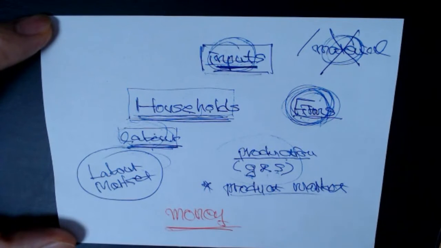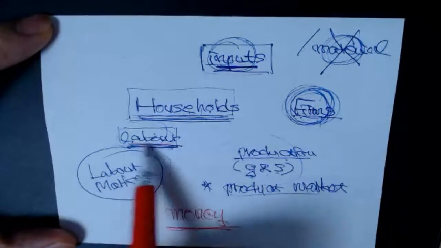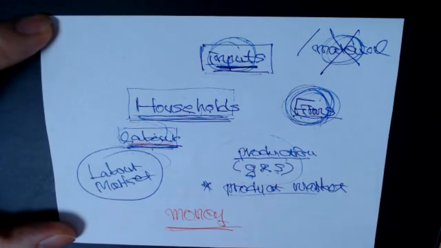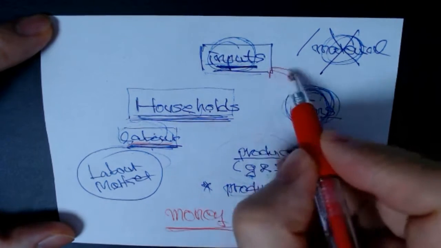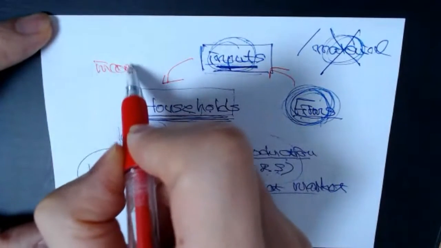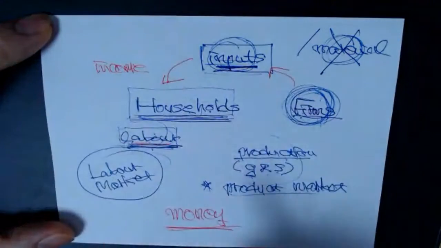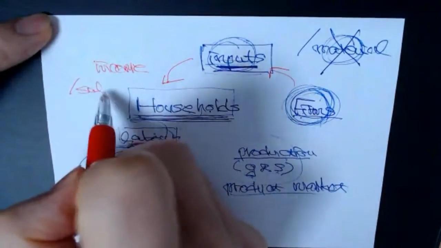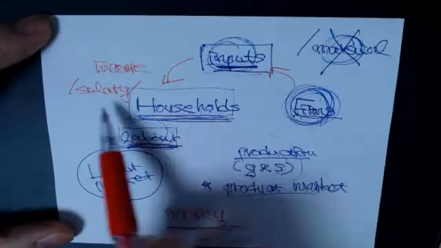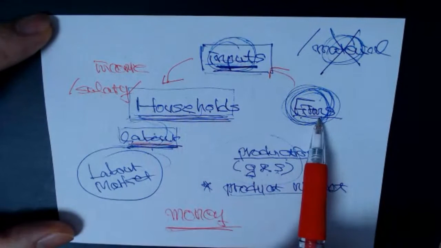What about money? When households sell their labor to firms, this household will have income. Often we call it salary, if you like. So households receive this amount of money from firms.